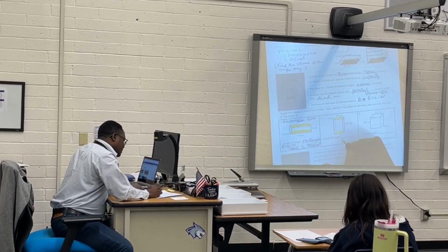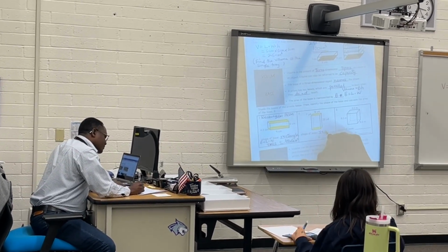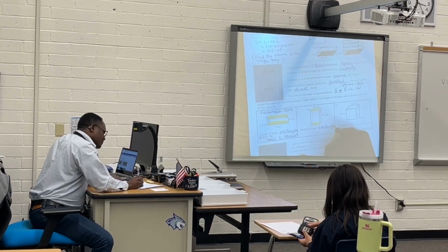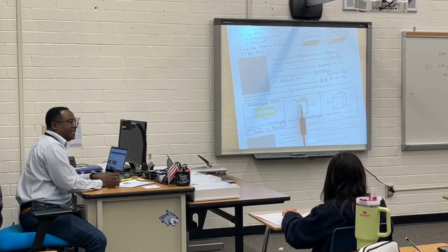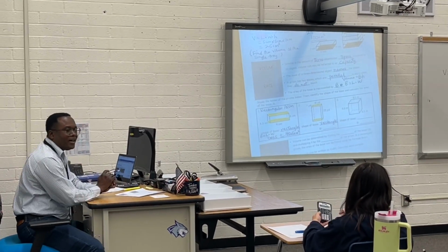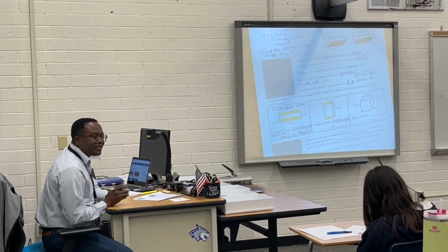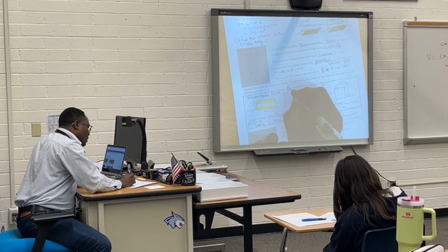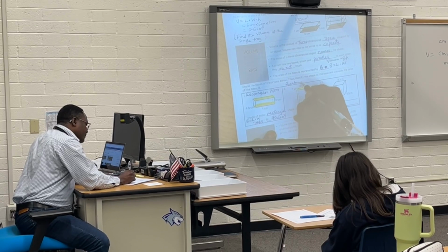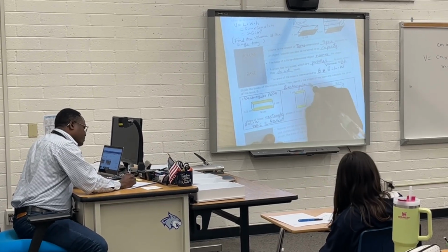So the base shape is also a rectangle. Because it's a rectangle, how are you going to name this prism? Yes, right. It's a rectangular prism. Very good. So you name it as a rectangular prism.